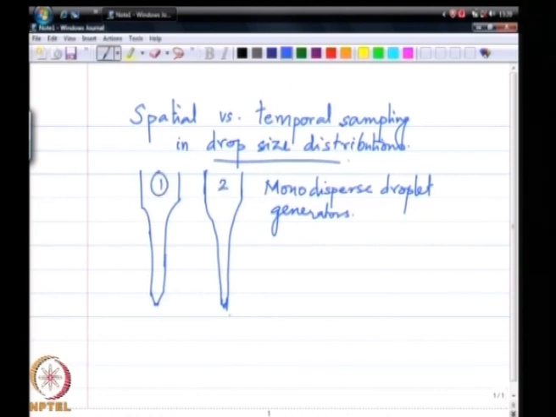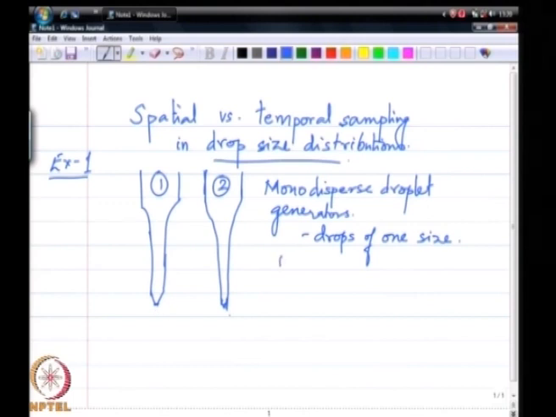I will number them 1 and 2. The whole idea of monodisperse means that they are producing drops of one size. Okay, let us say generator 1, and we will just call this example problem number 1 for now.